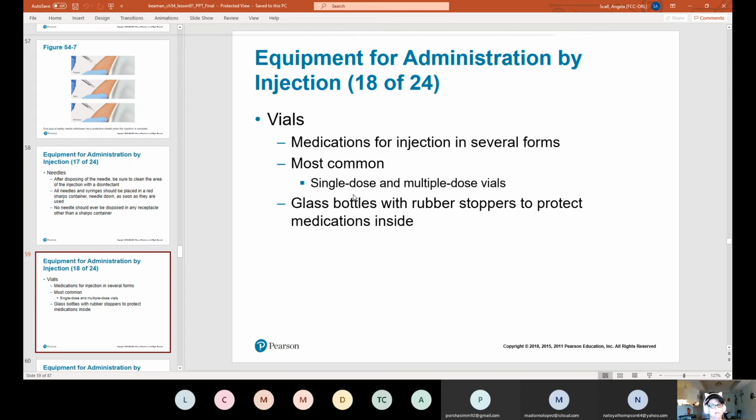Yes, there are. But for the most part, what we're going to be seeing in the doctor's office and clinical settings is the larger multi-dose. The reason for that is that it costs less as far as ordering, and it can be reused multiple times.